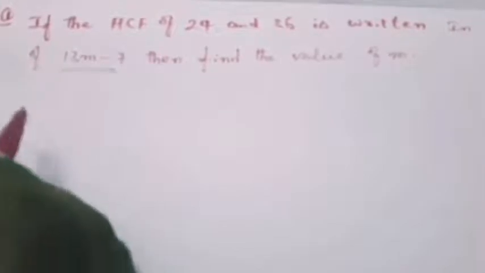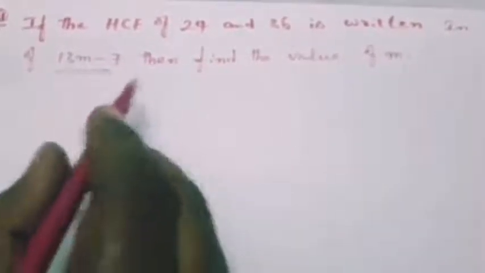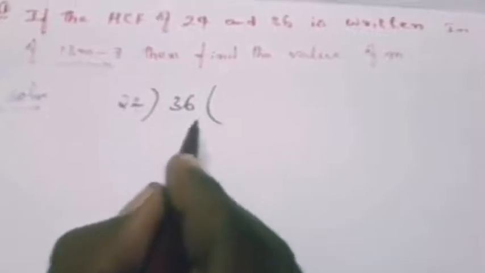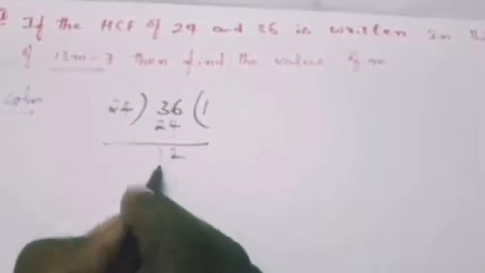Here the bigger number is 36, the smaller one is 24. So 36 is divided by 24. 24 ones are 24, remainder 12.